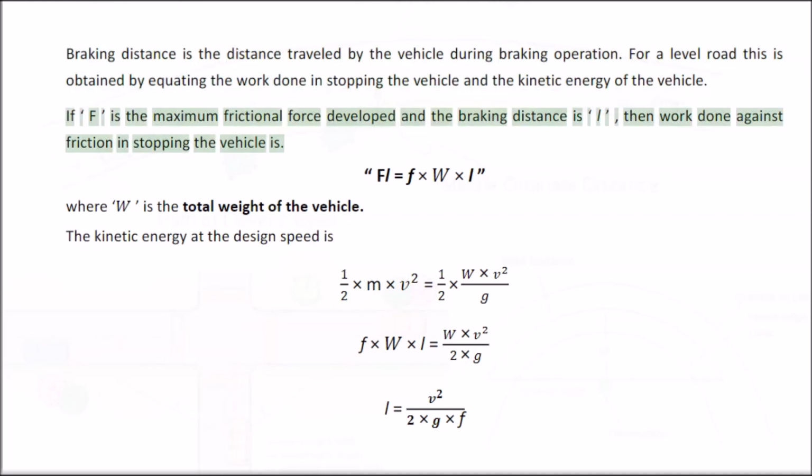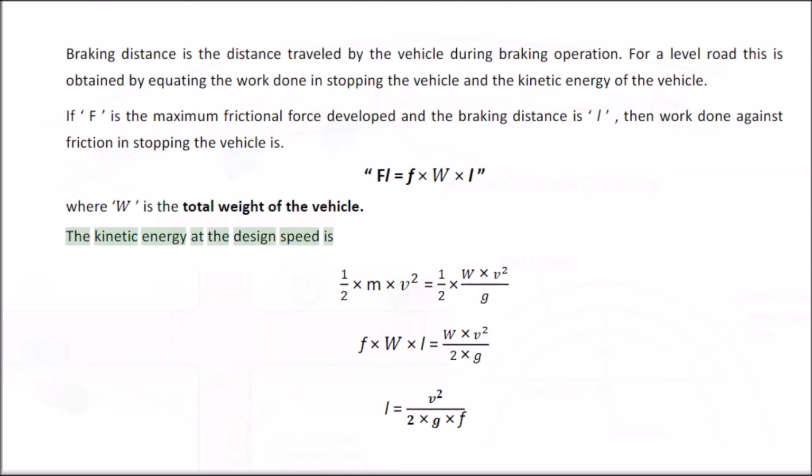If F is the maximum frictional force developed and the braking distance is L, then the work done against friction in stopping the vehicle is F times L, that is F L equals f times W times L, where W is the total weight of the vehicle.